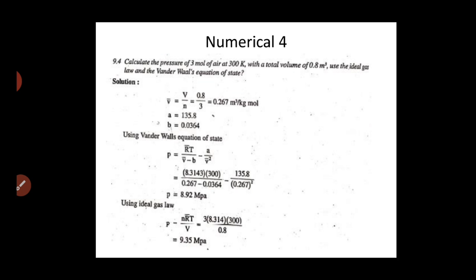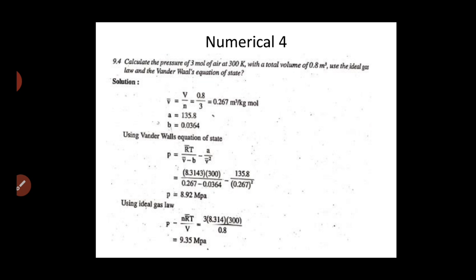Substituting the values: R bar is 8.3143, the universal gas constant, into T, given as 300 K, divided by V bar, which we calculated as 0.267, the molar specific volume, minus B, the constant 0.0364, taken from the table for Van der Waals constants, minus A, 135.8 divided by V bar square, 0.267 square. So solving this equation, we will get P is equal to 8.92 megapascals.